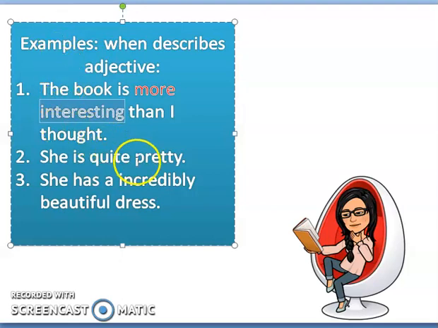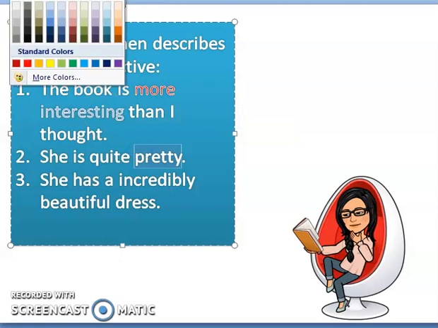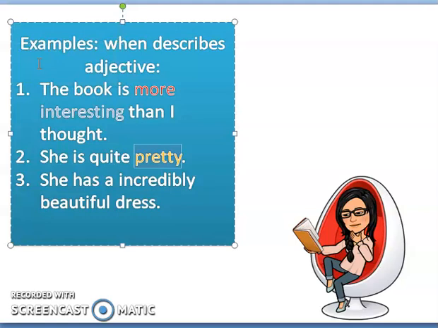She is quite pretty. Pretty is, since pretty describes her, a person. Pretty মানে হচ্ছে সুন্দর, pretty, mishti. And quite pretty, যথেষ্ট সুন্দর. Quite is adverb.